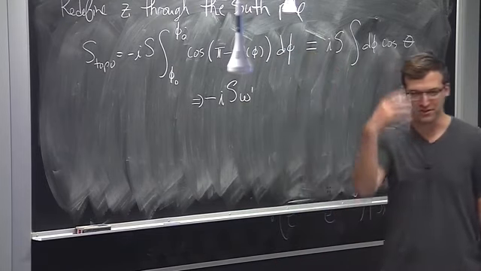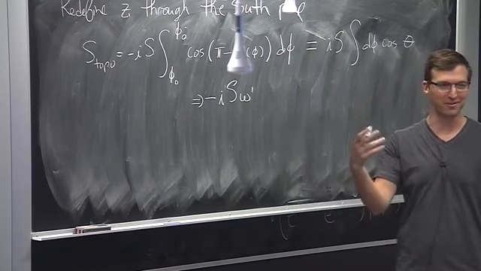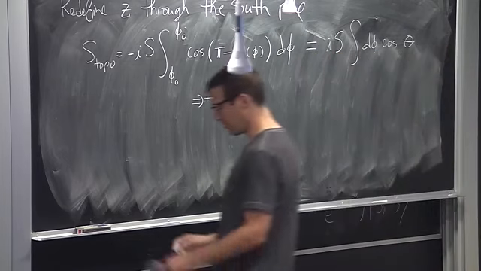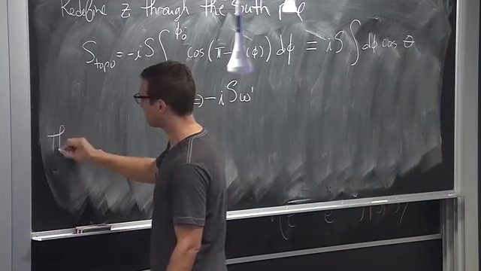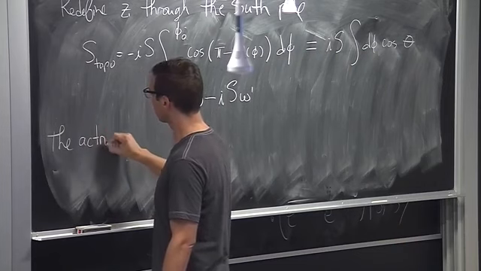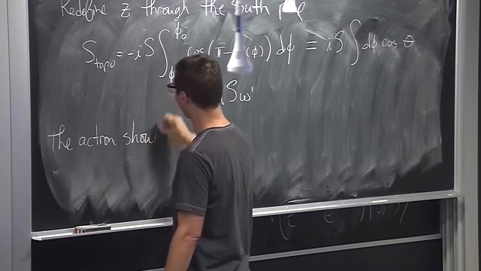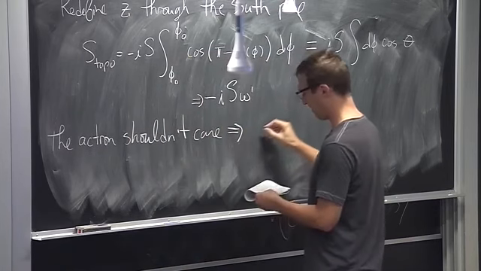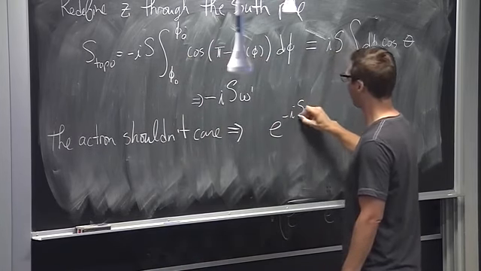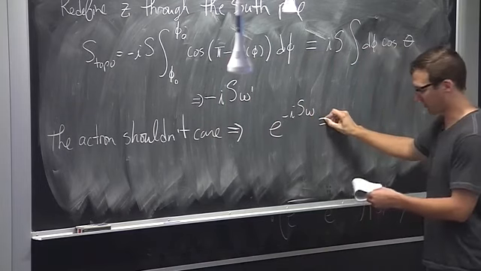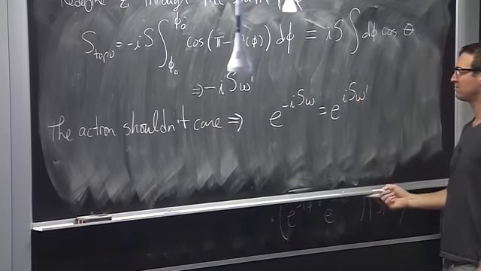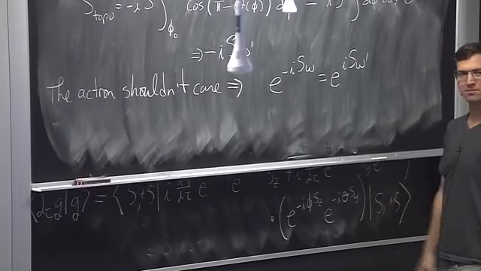Your physics shouldn't care about how you arbitrarily define the north or south pole, or the z-axis through the north or south pole. So if I write that topological term, that should be true.